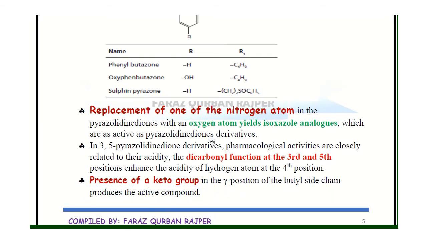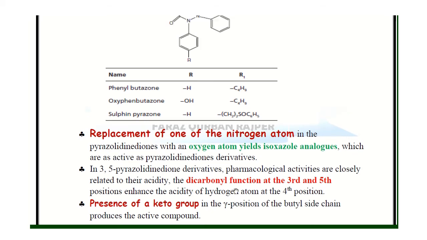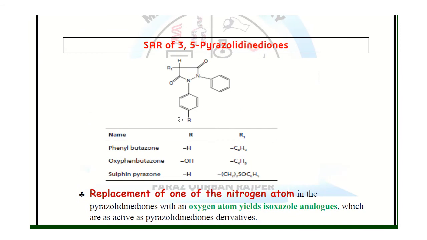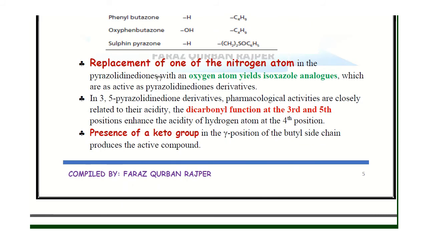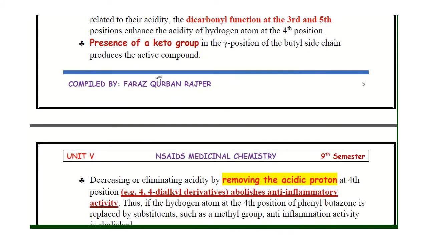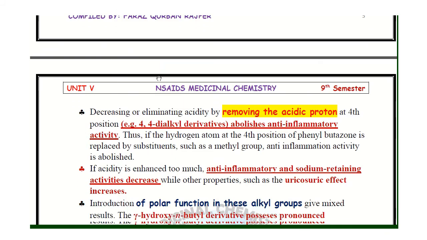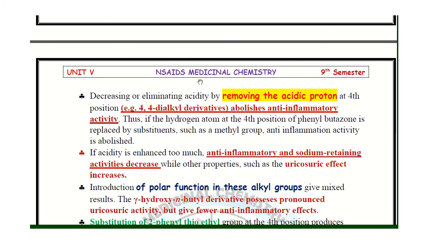The presence of a keto group in the gamma position of the butyl side chain can produce an active compound. For example, if we introduce a ketone functional group in this side chain, it will again result in a derivative that has activity, decreasing or eliminating the acidity.